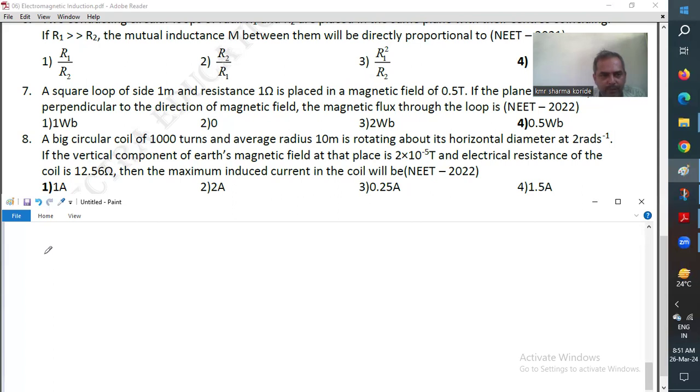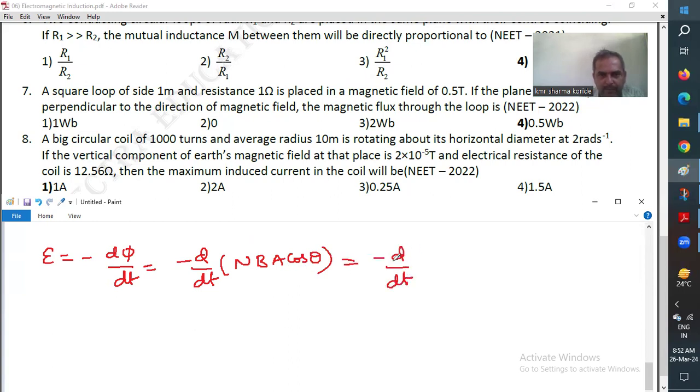So we need to take EMF equal to minus d phi by dt. Phi is once again the number of turns times B A cos theta. Differentiation of cos theta will be minus sin theta times d theta by dt, along with NBA.